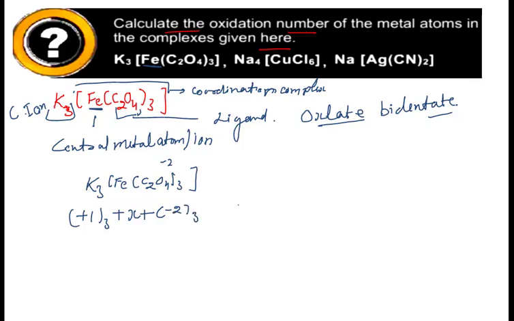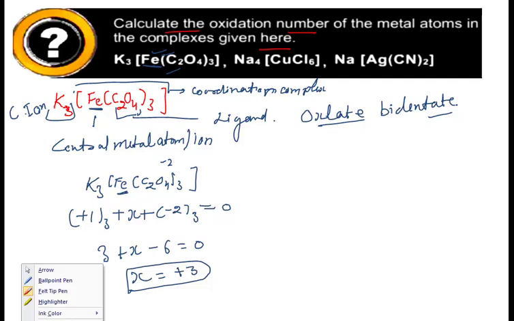Into 3. And the whole species is neutral, so it will be equal to 0. Now solve this. 3 plus X minus 6 equals 0, and X comes out to be +3. So the oxidation number on iron in this species is +3. So I think it is clear for the first one. For the first one, it's +3, right?